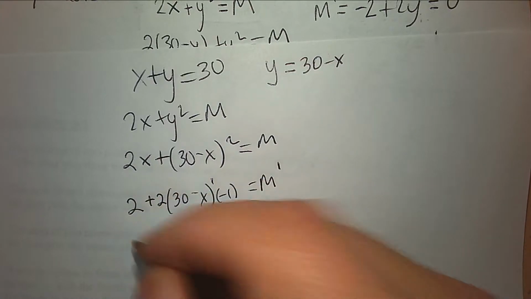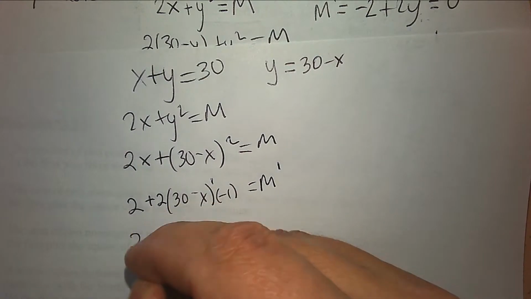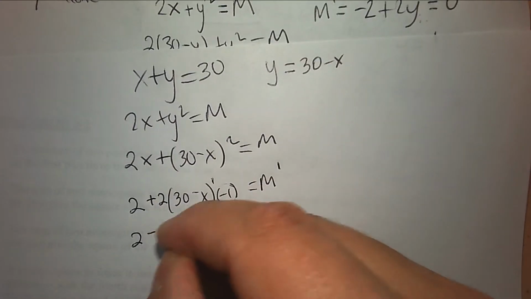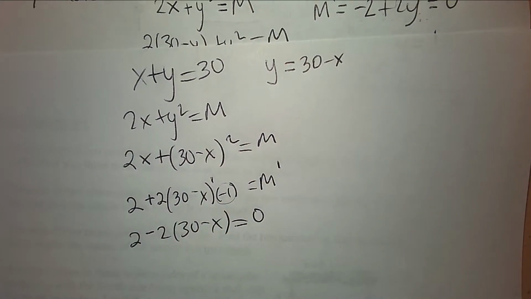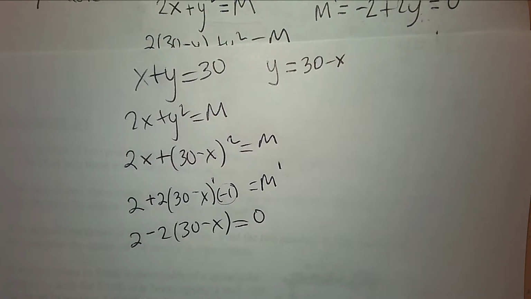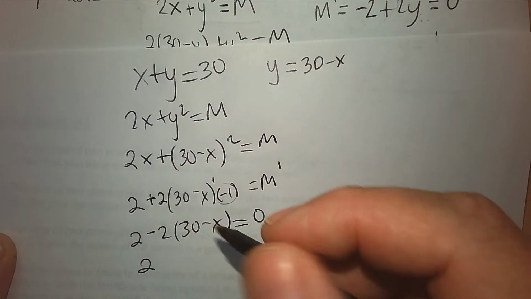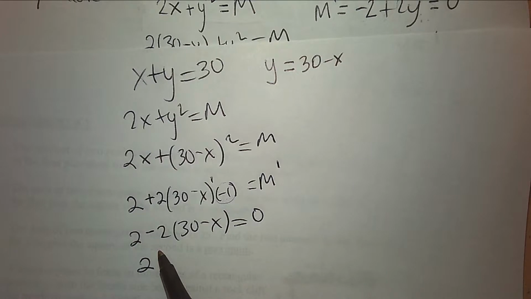So if I cleaned this up, what would it look like? So negative 1 times 2 is negative 2. And we know we're making it equal to 0. Keep cleaning it up. What do you get? Distribute.